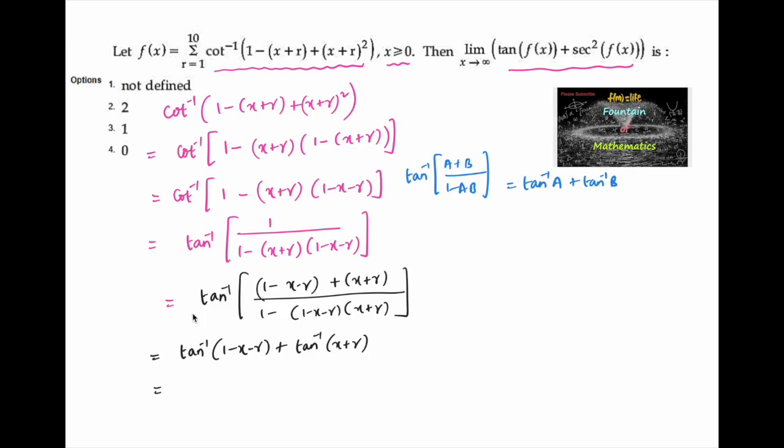Since f(x) is the summation from r equals 1 to 10, cot inverse can be written as tan inverse of (1 minus x minus r) plus tan inverse of (x plus r).